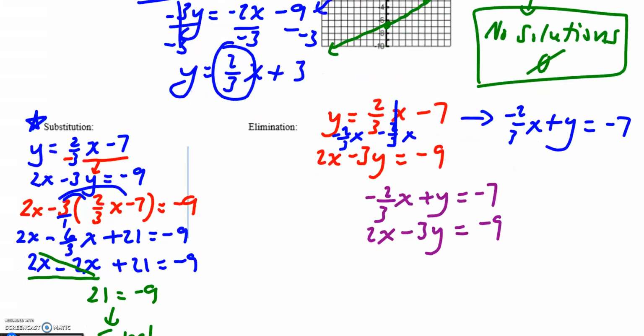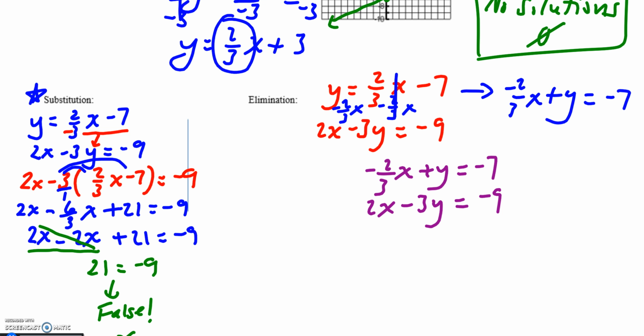In the purple here, I now have a situation where my x's are lined up, my y's are lined up, and the numbers. So just like last time, I'm not going to touch the x's because I don't want to deal with the fractions. But I do notice that my y values, if I multiplied this entire equation here by a positive 3, that would cause this to be a positive 3y, and that would cancel out with my negative 3y.